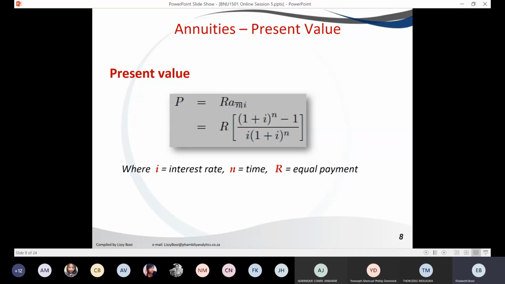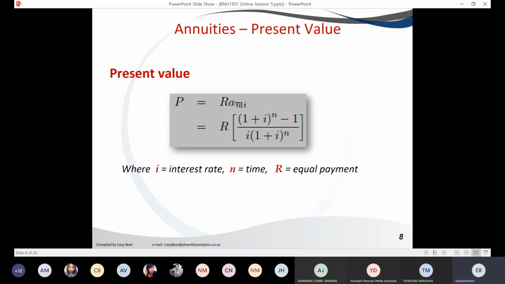If you're going to do this manually, you need to know how to make n the subject of the formula by using logs and solve for n. If they give you the term, the interest and the present value, then you need to calculate R. You make R the subject of the formula, which means you divide P by the accumulation factor, everything that is in the bracket. And that's how you manipulate that equation to solve.